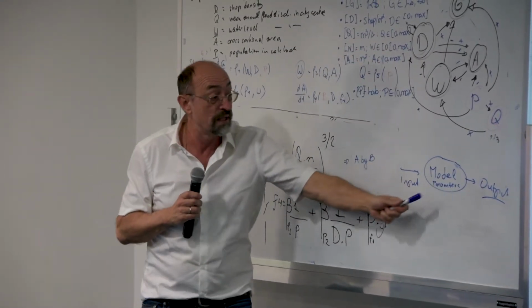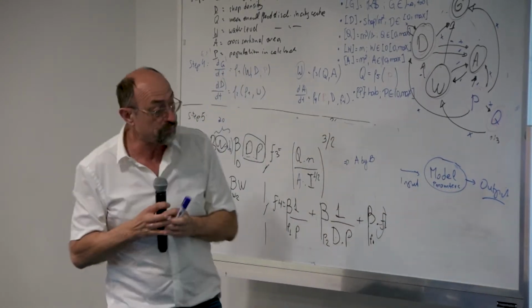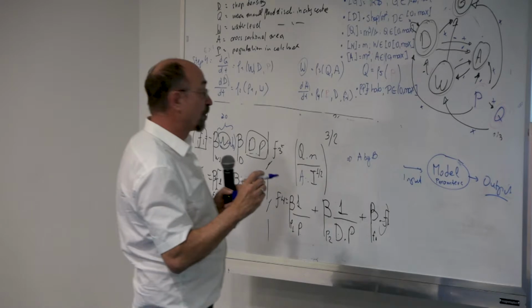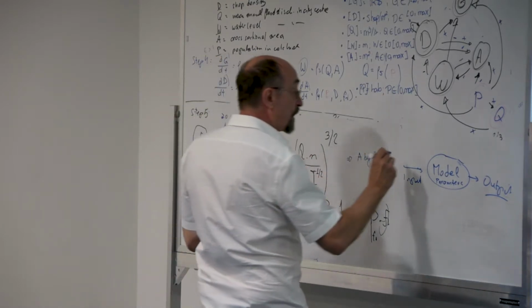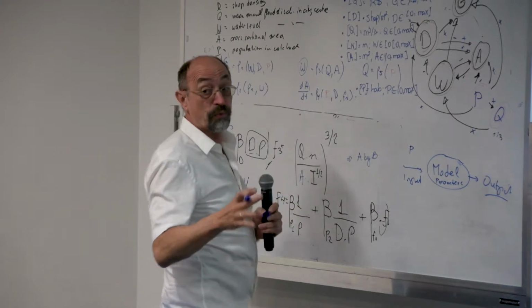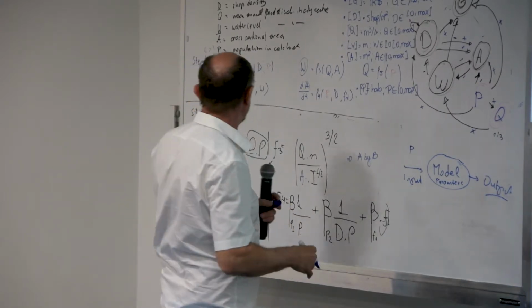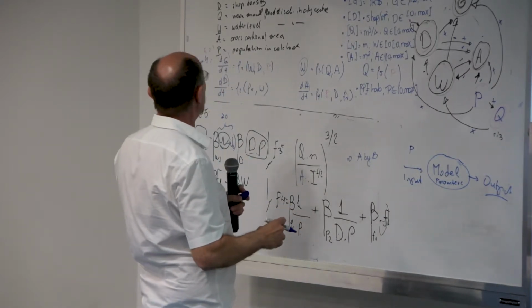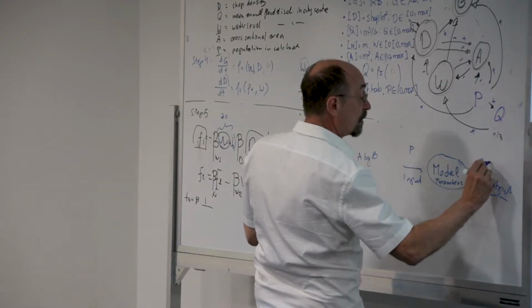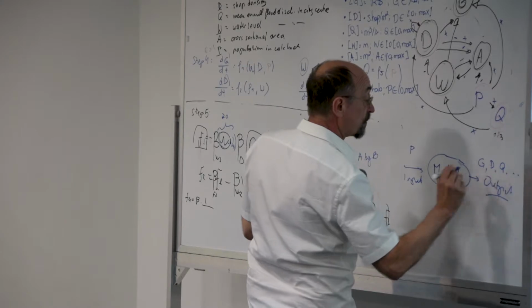These are parameters. And then we have an output, which are the variables. In this case the input would be P, the population, and maybe also precipitation, if we want to include that. And the output would be the G, the D, Q, etc.